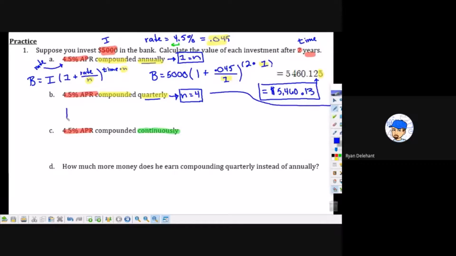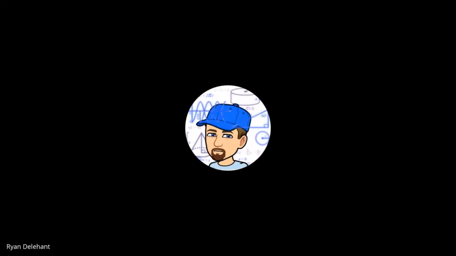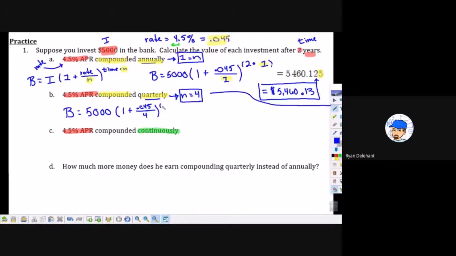So this balance is still going to look the same, except I need to change that bottom number in the fraction to a 4, and then the number on top to a 4. So the only thing I'm changing with this is how many times that interest is applied. So let's go back to Desmos and make that happen.